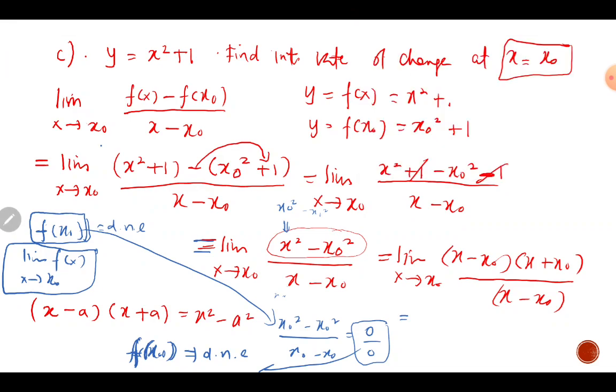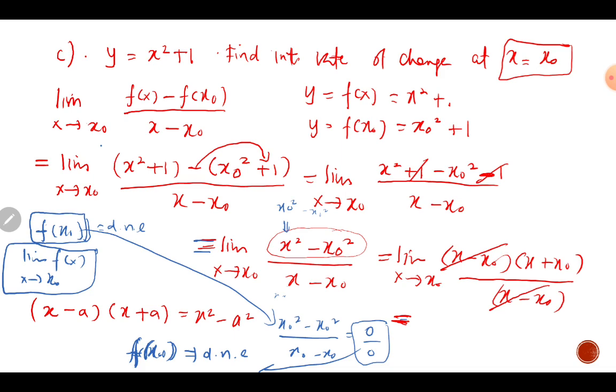Okay, what is that something? It's like this lah, because we want to get rid of the denominator that makes the function become 0. So from x square minus x naught square, we replace with x minus x naught times x plus x naught over x minus x naught. With this, you may cancel x minus x naught.